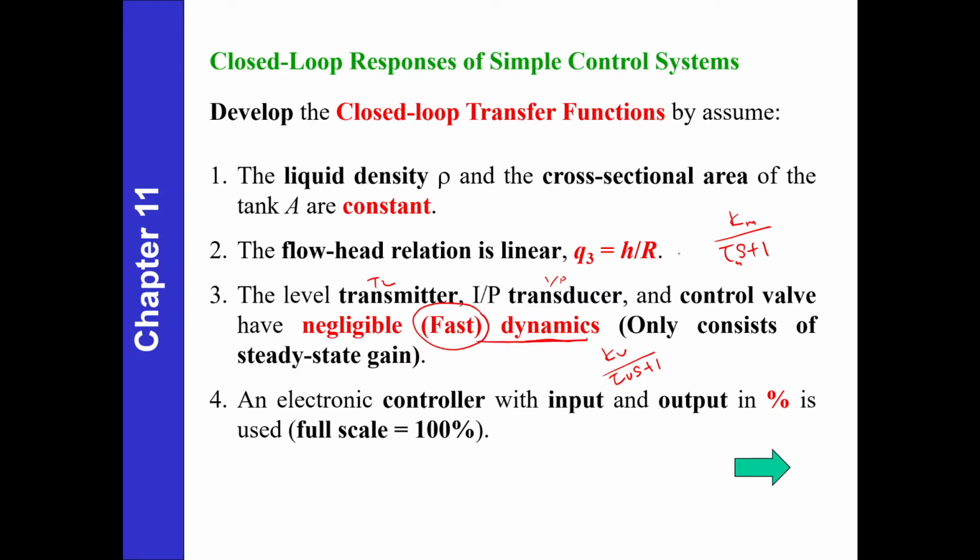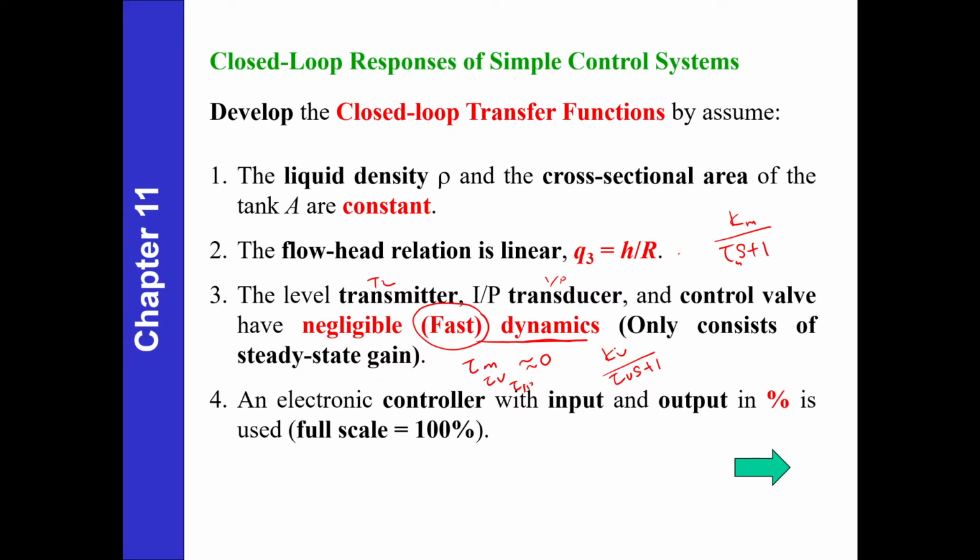What is fast dynamic? Fast dynamic means the values of tau, for the tau m, tau v and tau ip, are very fast, meaning to say very small, approximately 0. And in this statement it only consists of steady state gain.